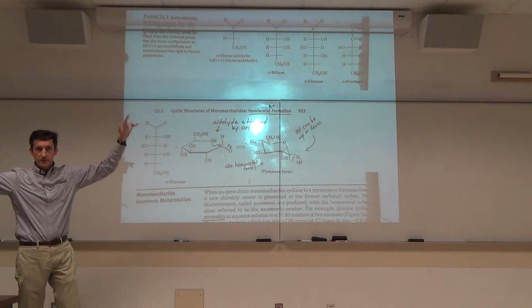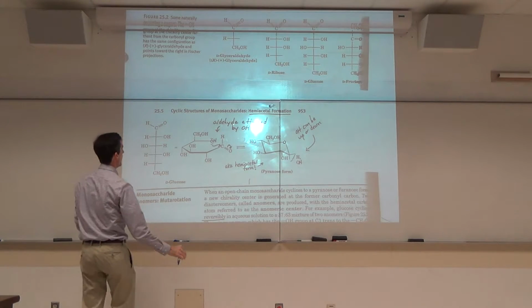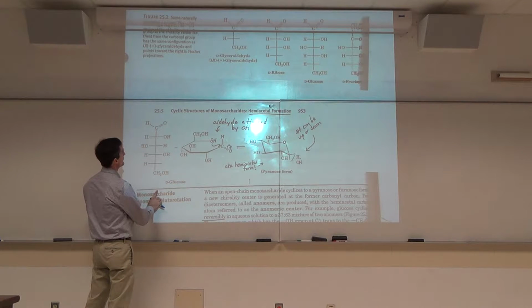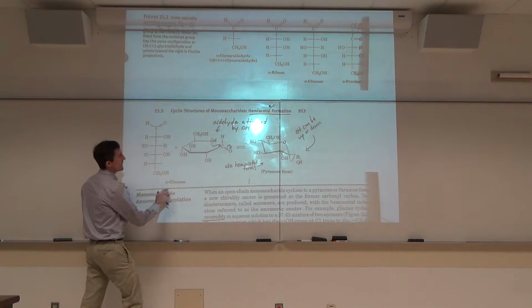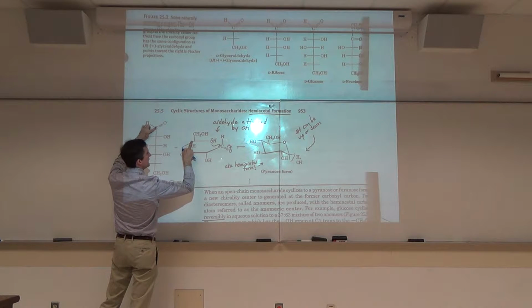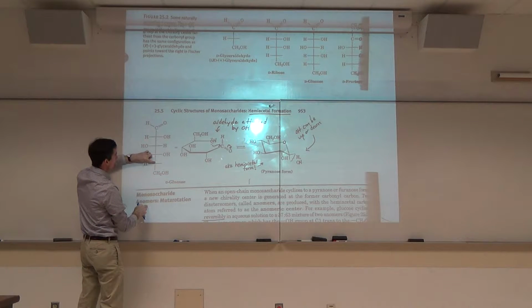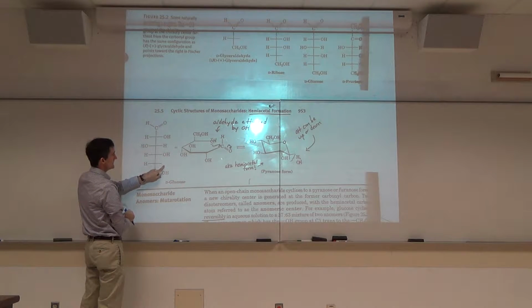Okay, but it has many functional groups, and those functional groups can come together and make a ring. What comes together? Here's your aldehyde, which is here. 1, 2, 3, 4, 5. Five carbons away, the OH. Now you see this little typo here?